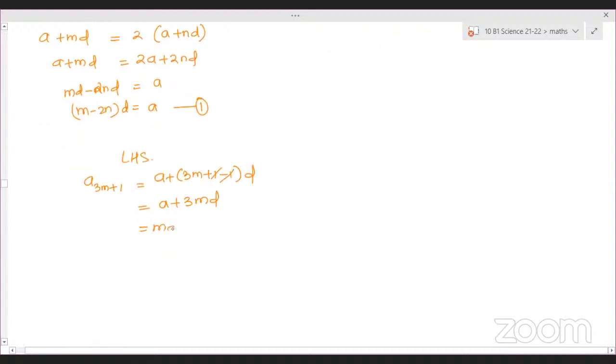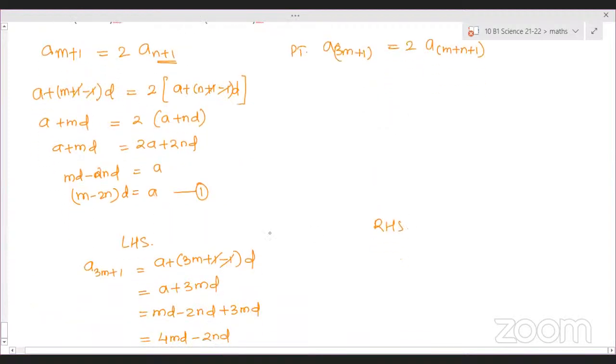A is mD minus 2nD plus 3mD. So it is 4mD minus 2nD. Okay, this is LHS. RHS is 2 times the m plus n plus 1th term.